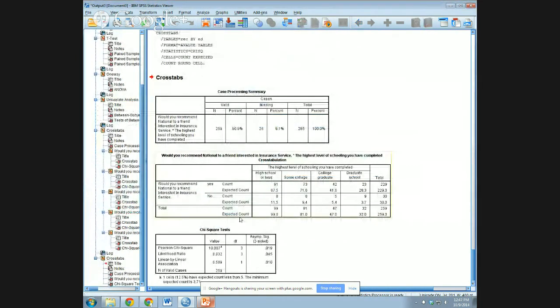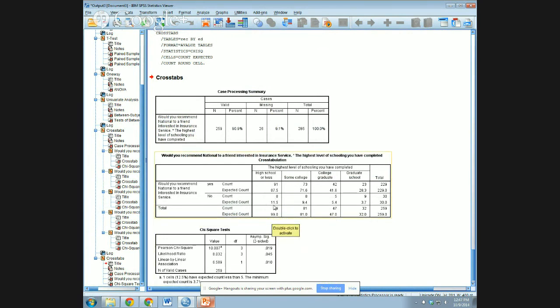Now let's redo that. We see that people who completed high school or less really were more likely to be recommending than not recommending.